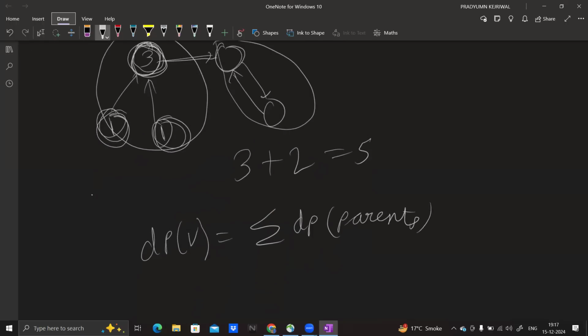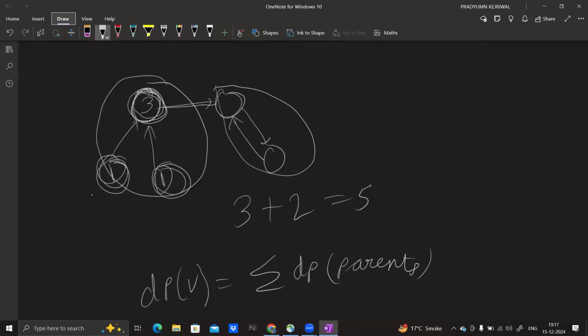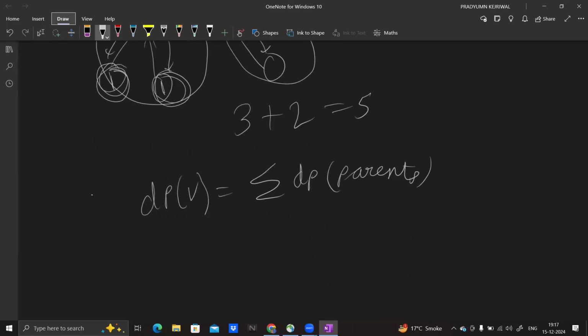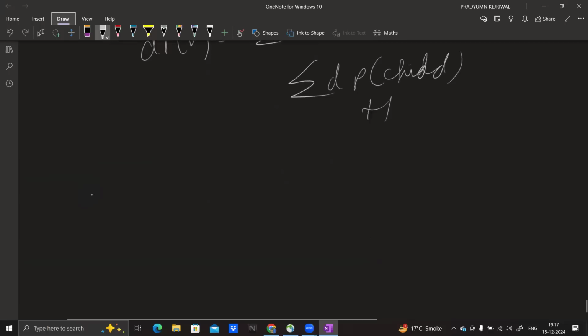Or if you're comfortable with dp of children, then you can just reverse the edges and write dp of children. So it is the summation of dp of child plus 1. This was actually a problem of dp on trees in height side. So if you do not know dp on trees, you can leave this problem right now.